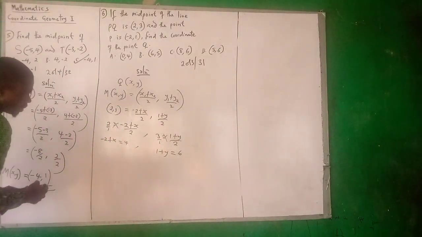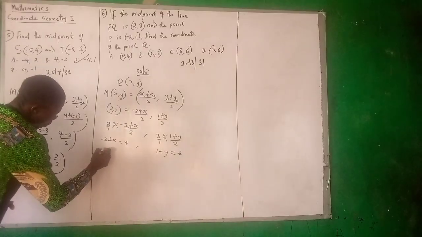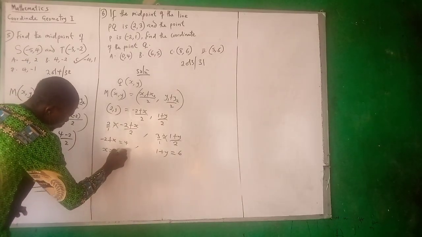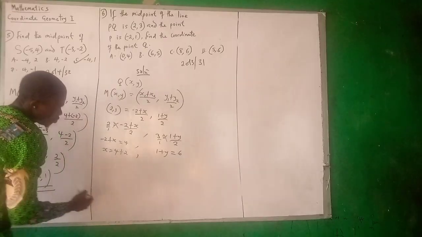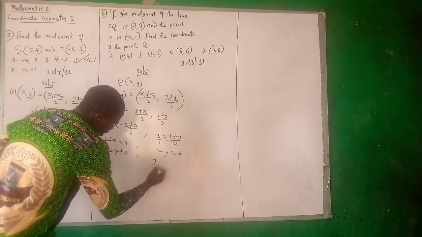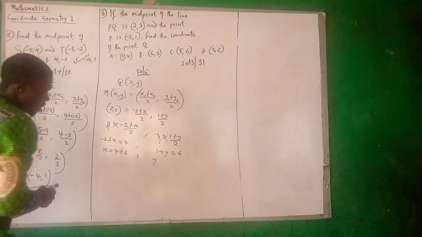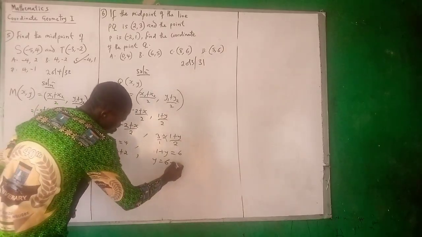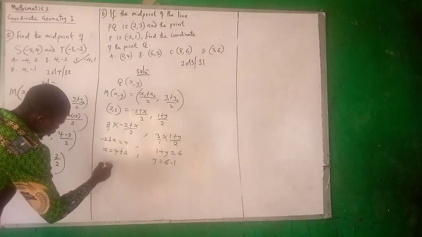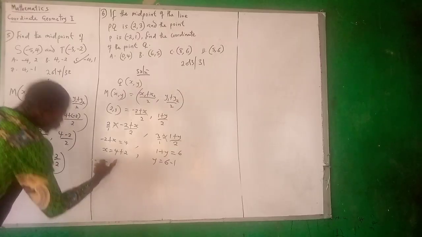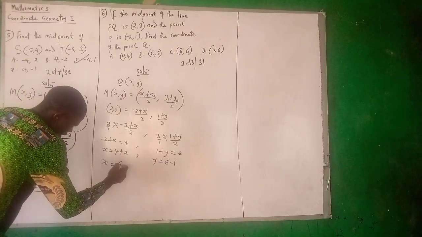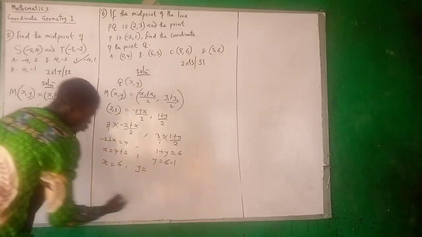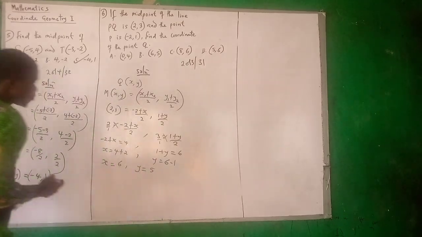Make x the subject of the formula here. x will be equal to 4, minus 2 is going, becomes plus 2. Making y the subject of the formula, y equal to 6, 1 is going, becomes minus 1, right? That should be x equal to 4 plus 2 is 6. This one y equal to 6 minus 1 is 5.